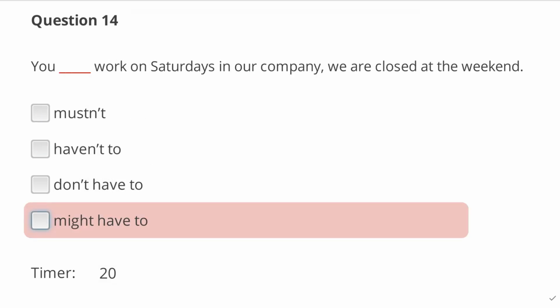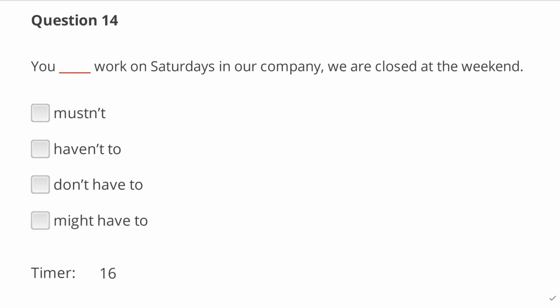Question 14. You work on Saturdays in our company. We are closed at the weekend. So if your company is closed at the weekend, they're not going to ask you to work unless you want to. You can do it from home, but why would you want to do that? So your company is closed. Take a break, spend some time with your family, take a walk, hang out with friends.